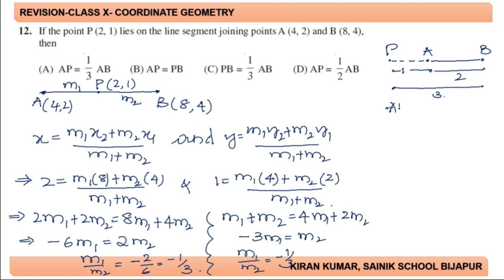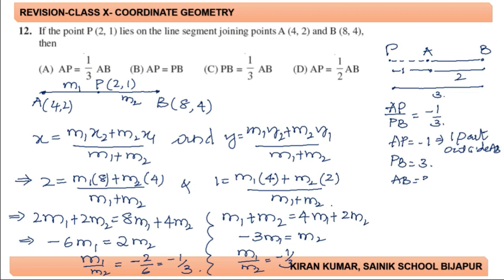The ratio AP upon PB is negative 1 by 3. AP is equal to negative 1. This means that one part is outside AB. PB is 3. So the length of AB is 3x minus 1x, which is equal to 2x.